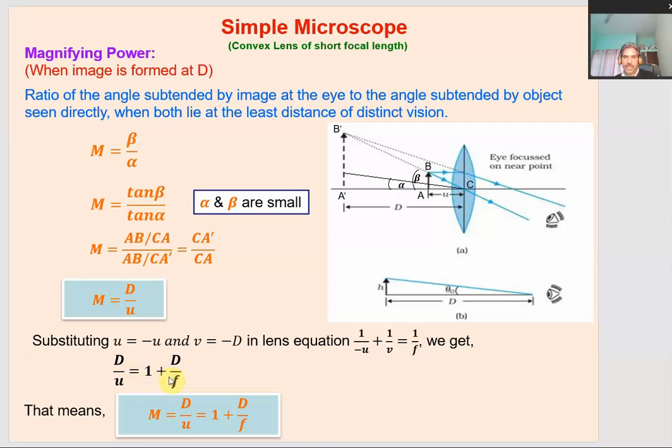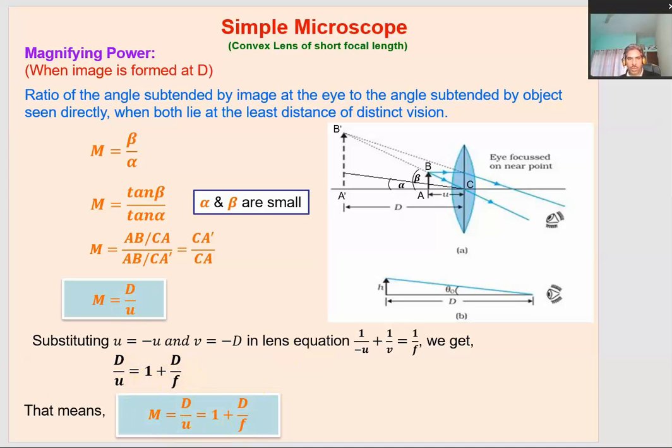This is another form of the magnification. So magnification, which is D upon u, takes another form given by 1 plus capital D upon f. Here capital D is the least distance of distinct vision.